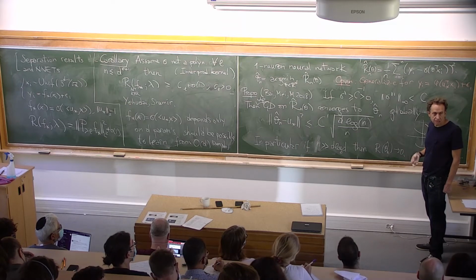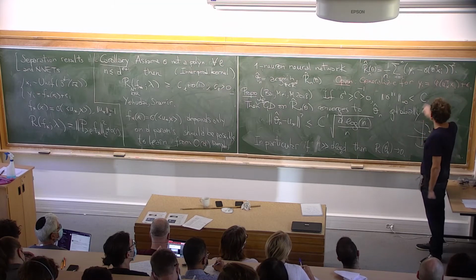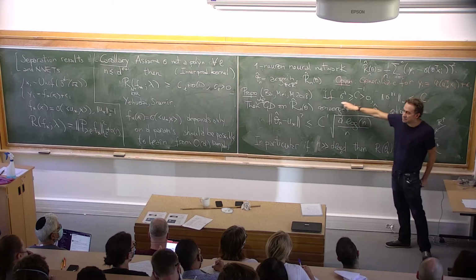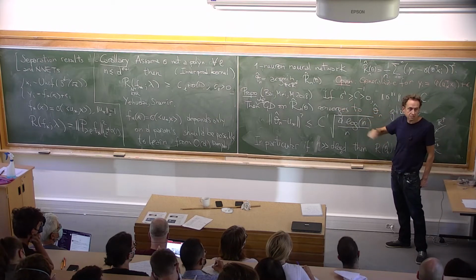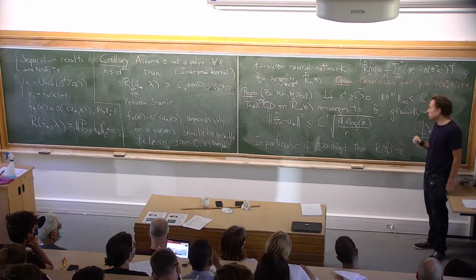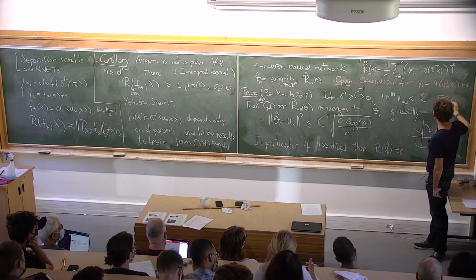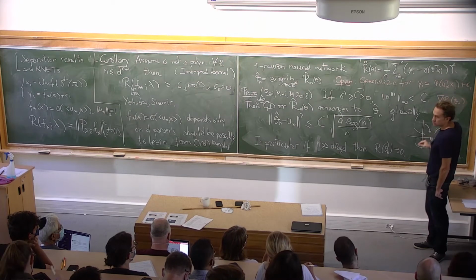You will need more samples because you get stuck at the equator. But if you take phi that satisfies this kind of condition, so phi is monotonically increasing with the first derivative bounded away from 0, basically what matters is the gradient of the population risk at initialization.